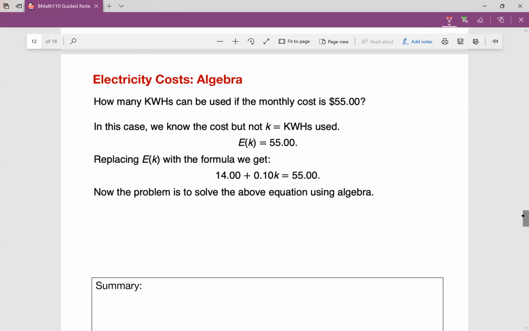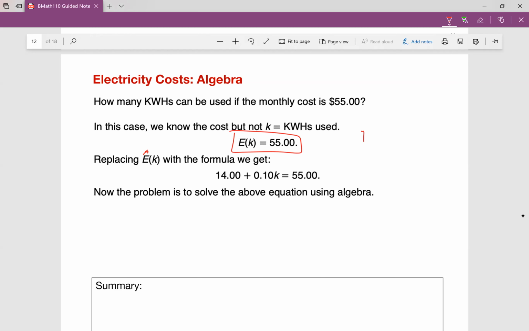How many kilowatts can be used if the monthly cost is $55? In this case, we know the cost, but we don't know K again. So I'm going to use the equation E(K) equal to 55, and I replace E(K) with the formula we got.